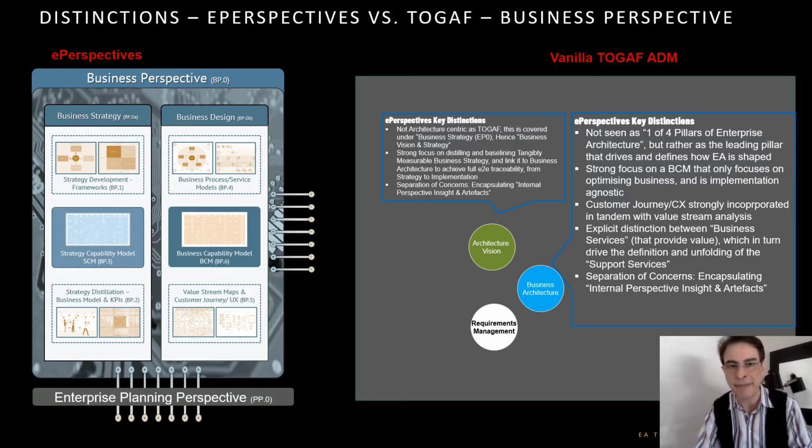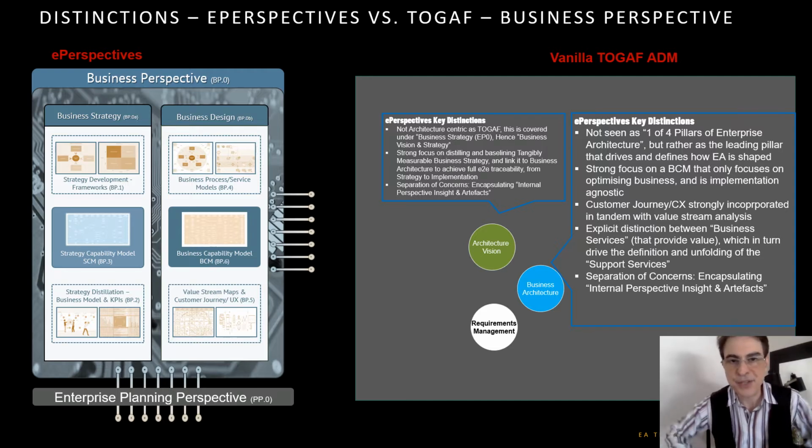So unlike TOGAF, we don't mix everything, and we highlight the one key artifact, which is the strategic capability model here, which becomes the input provided into the next sub-perspective of business design. So that encapsulates, if you will, the architectural vision based on the requirements that we have.